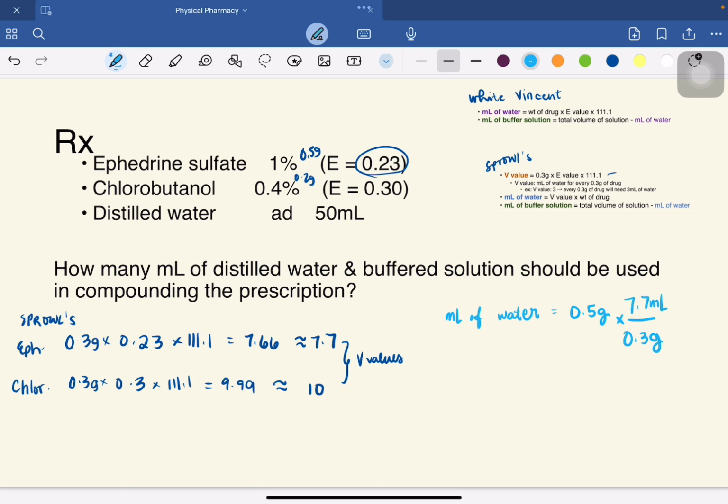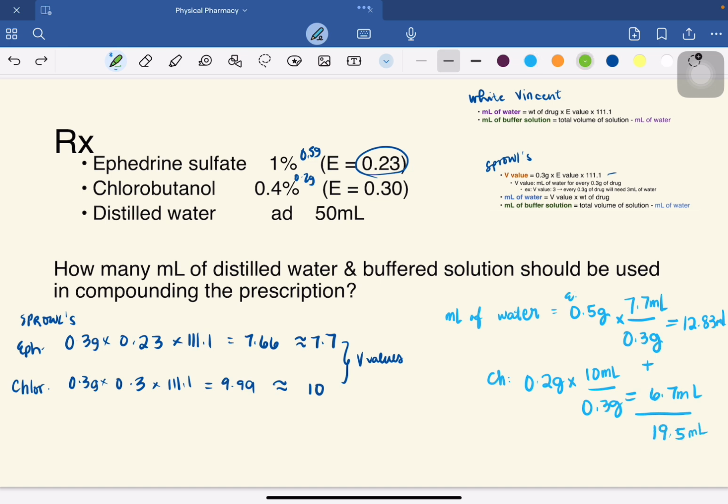So if we solve this, we will get 12.83 ml. And then for chlorobutanol, we multiply 0.2 grams times its V value, which is 10. So every 0.3 grams of the drug requires 10 ml. This will result to 6.7 ml.